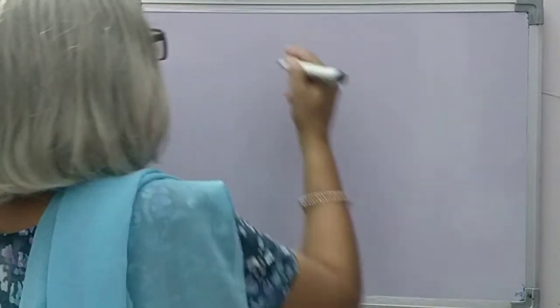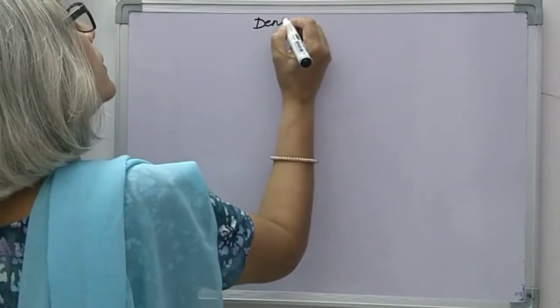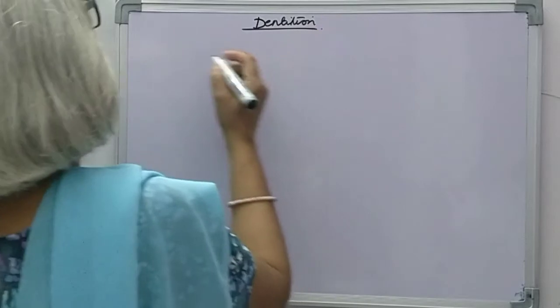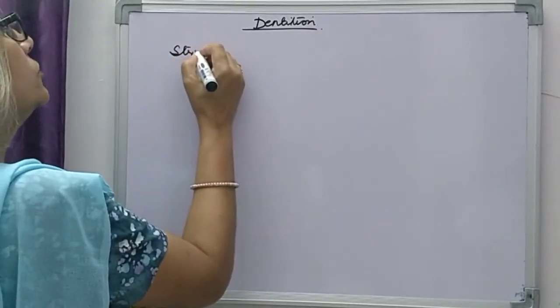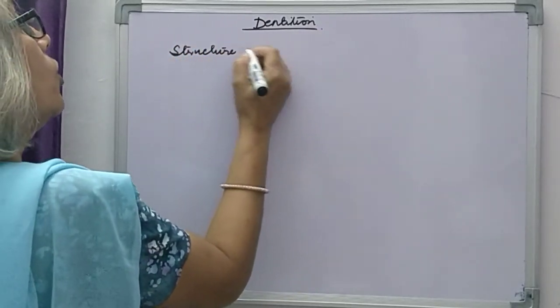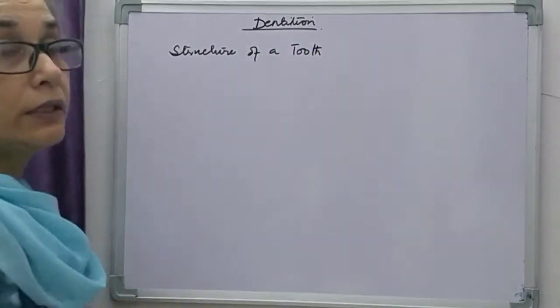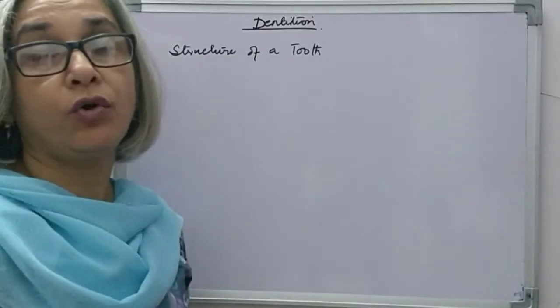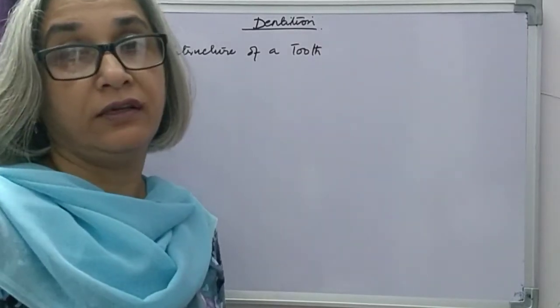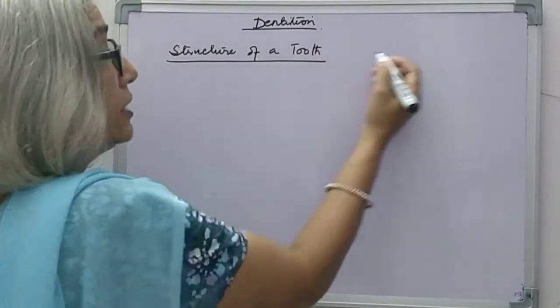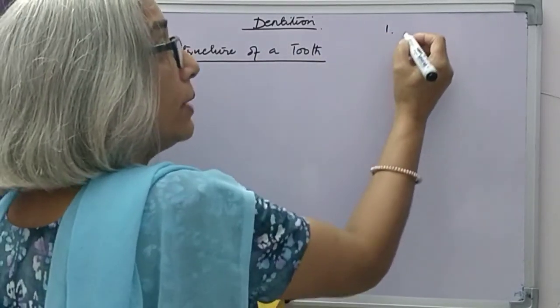Today we are going to discuss the structure of the tooth. Dentition we are doing, and today we are going to do the structure of a tooth. Now the basic structure of all teeth is almost same. Each tooth is divided into 3 parts.